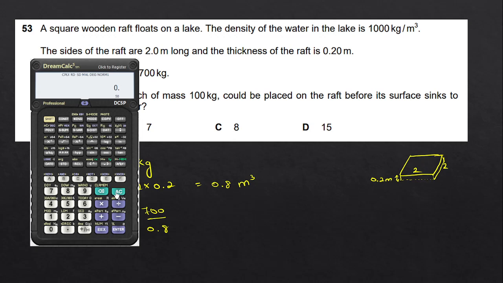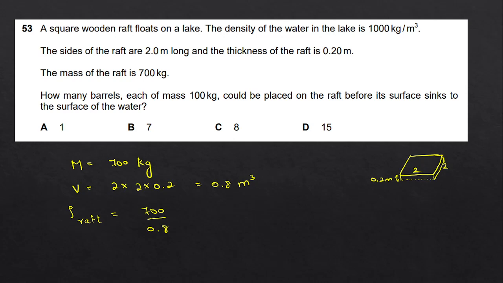Now 700 by 0.8, that's 875. Alright, so the density of the raft is 875 kg per meter cube.